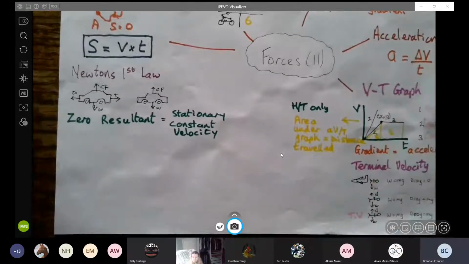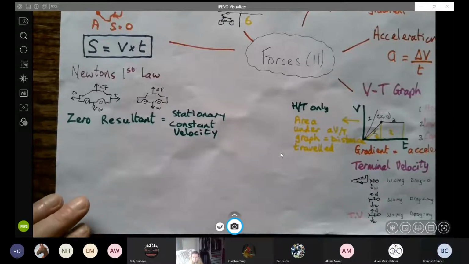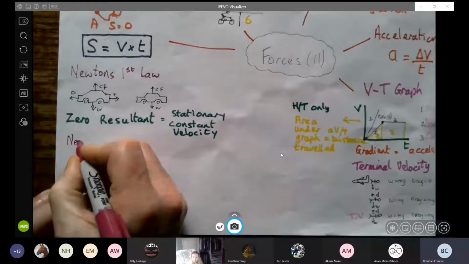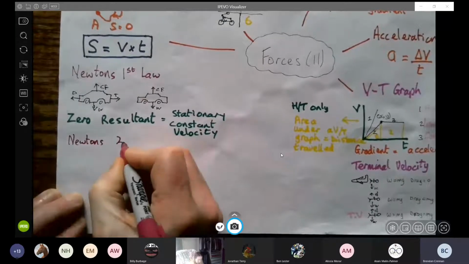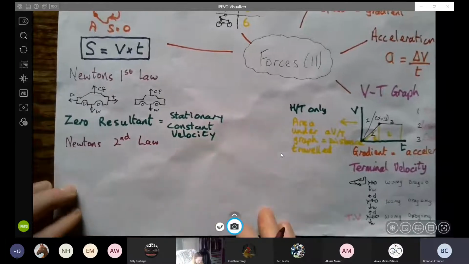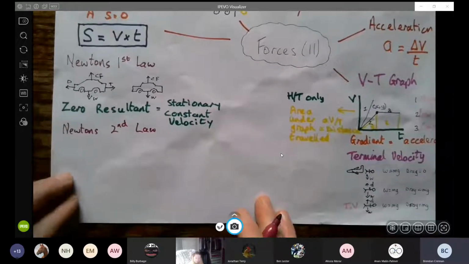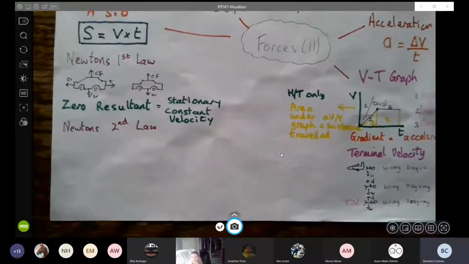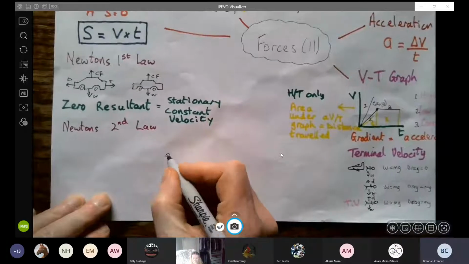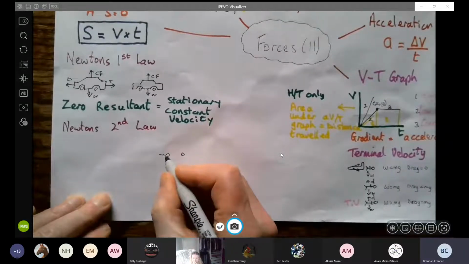And that's it. If we have a resultant force, however, this is the case with Newton's second law. Newton's second law is what happens with a resultant force. Newton's first law is what happens when there is no resultant force. So again we've got our car, and in this situation the car is accelerating.